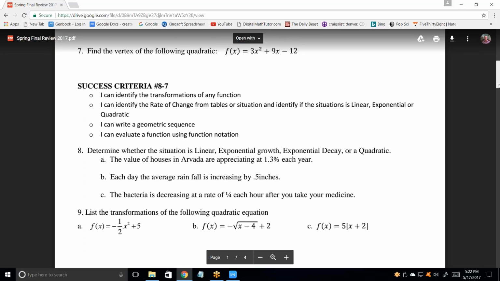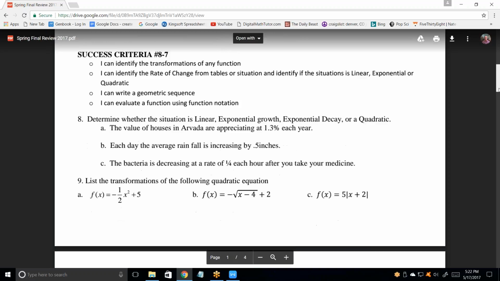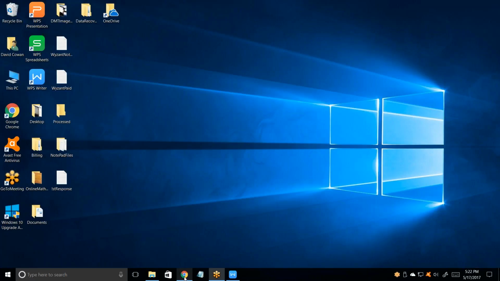That was 7. Transformations of functions. Let me test you on this by making some up.